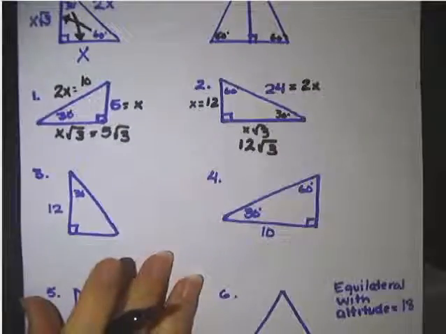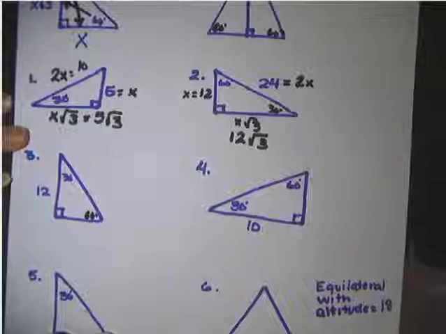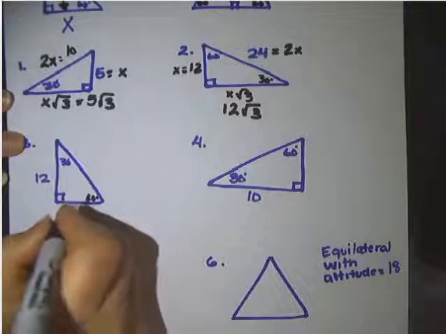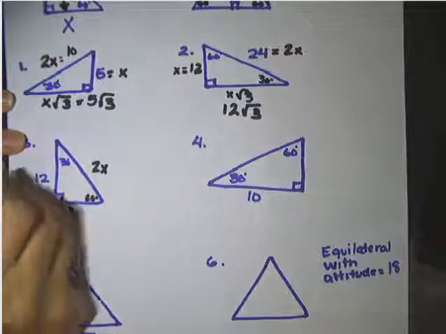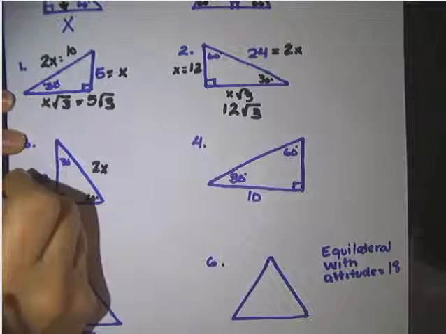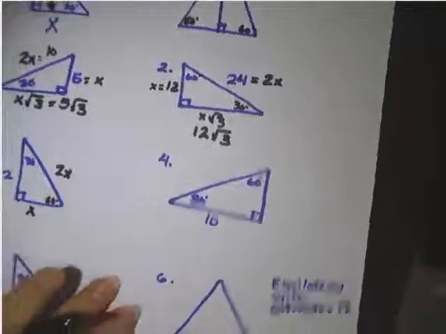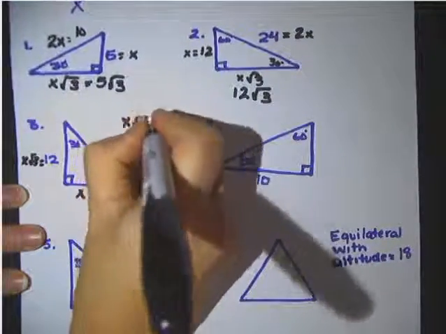Okay, now this is the hardest kind, when we're given the side across from 60, the longer leg. Write in our formula. Across from the 30 is x. Hypotenuse is 2x. Across from the 60 is x root 3. So again, we've got the root 3 side, and it doesn't have a root 3 beside it, so we just need to solve that algebraic expression. X root 3 is equal to 12, and we're trying to solve for x.